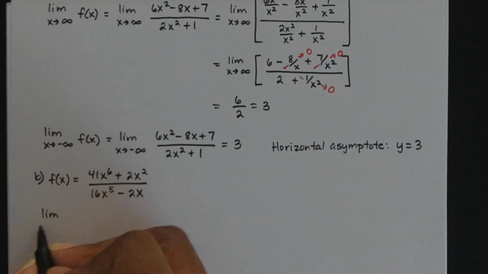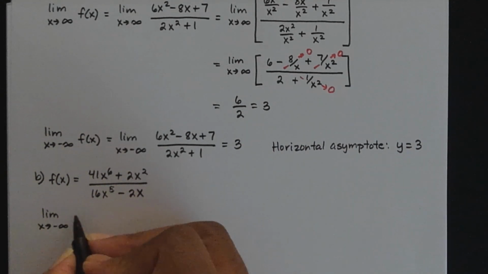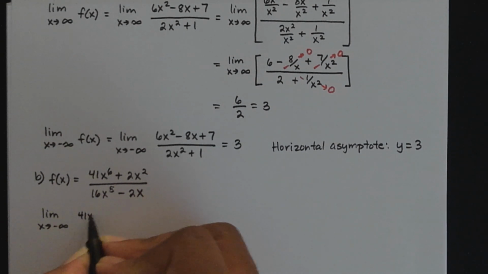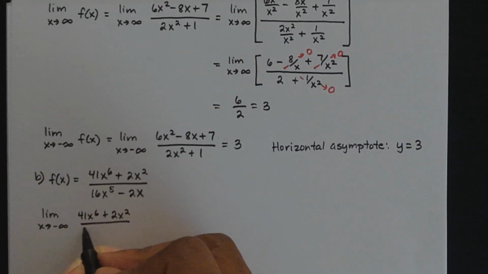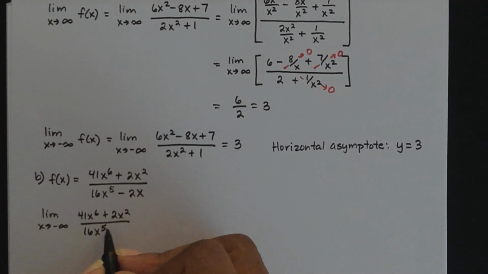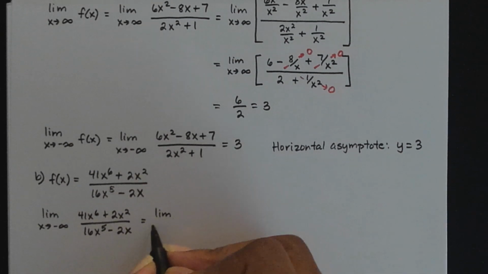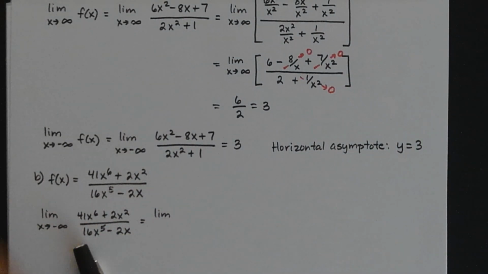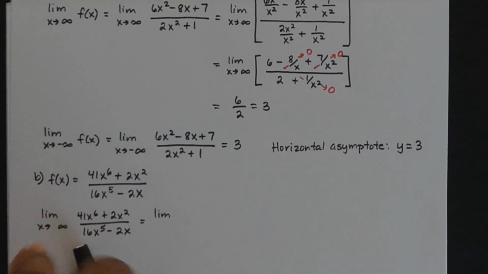Let's find the limit as x approaches negative infinity of f of x, and f of x will be this. I'll just go ahead and rewrite that. Let's say x approaches infinity. Okay, just infinity.